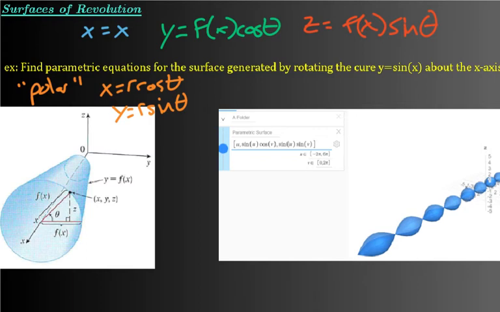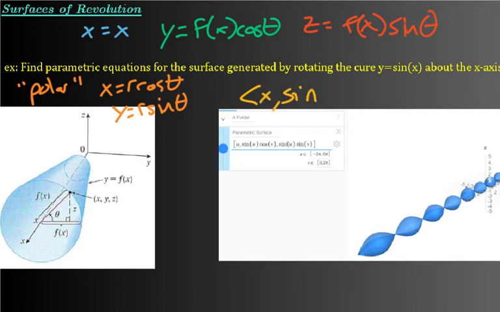And so that's for any arbitrary surface that you get by rotating around the x-axis. If I wanted to do this function rotated around, all I would do is replace my f of x with sine of x.